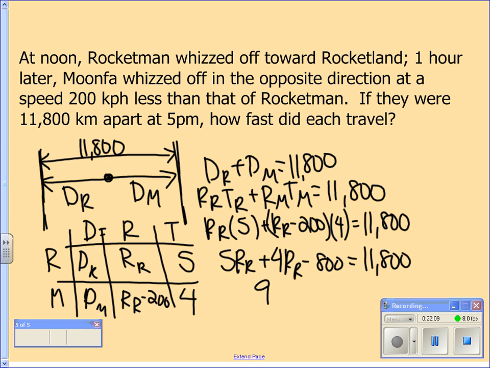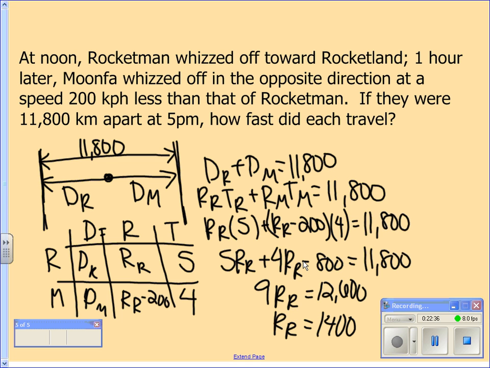So 9 RR equals 12,600. And then what would the rate of Rocket Man be? 1,400? I'm going to go with you on that. I didn't actually plug it in my calculator. That looks about right. Does that make sense?